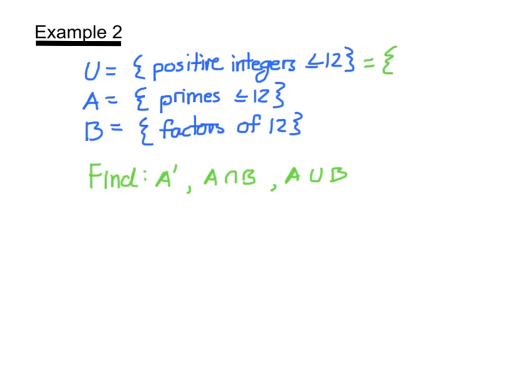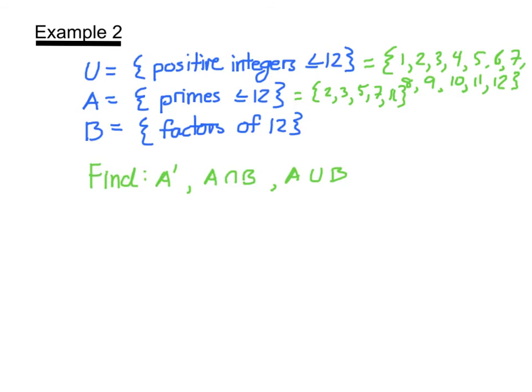So again, it might actually be helpful here to list the sets. So the universal set is going to be all the positive integers less than or equal to 12, which is essentially 1, 2, 3, 4, 5, 6, and all the way up to 12. The prime numbers less than or equal to 12 are going to be 2, 3, 5, 7, and 11. Remember that 1 is not a prime number.